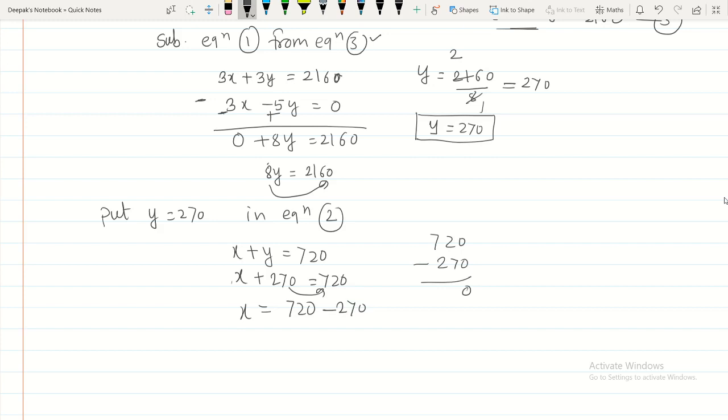Now subtracting 27 from 72. Okay, I'll take a remainder 1. 12 minus 7 is equal to 5. 1 remainder, 7 minus 3 will become equal to 4. So 450 is the answer. So x will be equal to rupees 450.